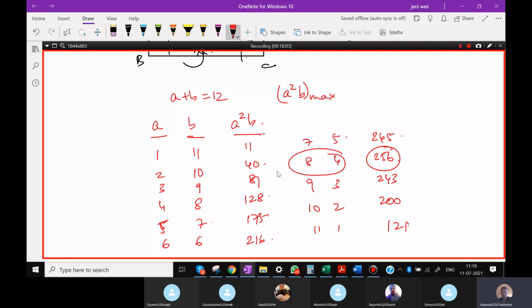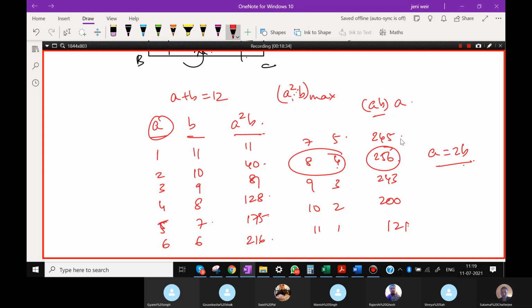And where is it occurring? When the value of a is twice the value of b, because a is squared. So basically we are maximizing ab, and then maximizing that with a again. So a will be equal to 2b in this case.